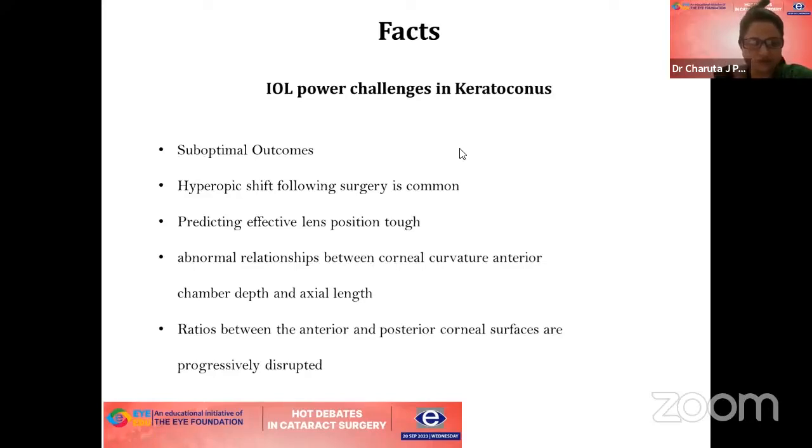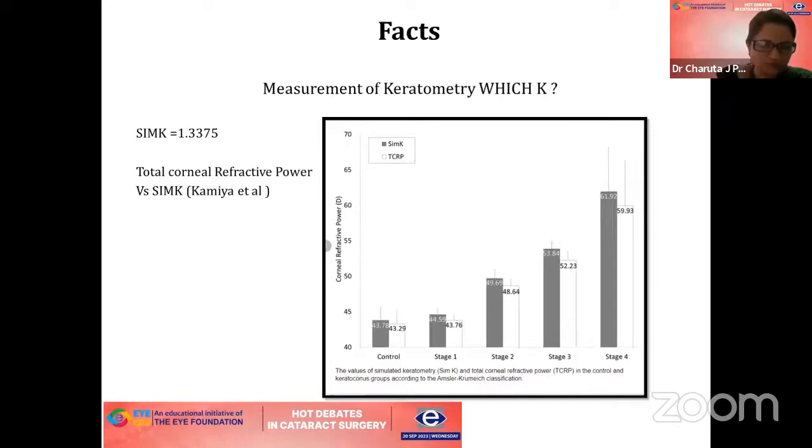Also, standard keratometric indices depend on the predictable ratio between the anterior and posterior corneal surface, which is progressively being disrupted in keratoconus. Next is the question of which K. The simulated K value is derived by taking the radius of anterior corneal curvature and a standard keratometry index of 1.3375. It assumes a fixed ratio. In keratoconus, this ratio is altered as said before.